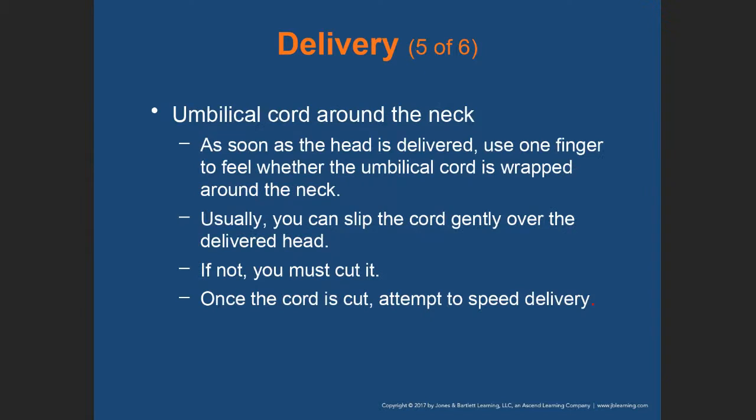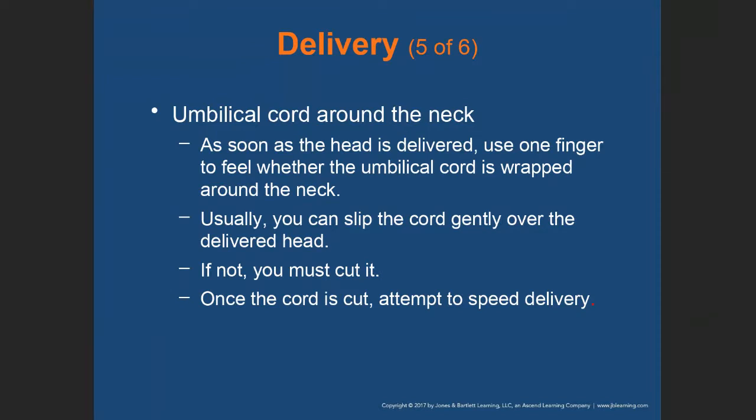Umbilical cord around the neck. As soon as the head is delivered, check the neck to see if the cord is around the neck. If it's wrapped around the neck, you need to get it over the head. If it is too tight, then we have what is called a nuchal cord. It's going to strangle the newborn.